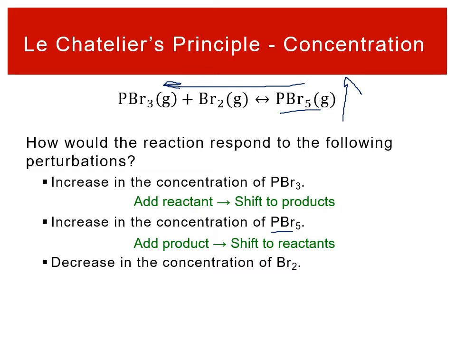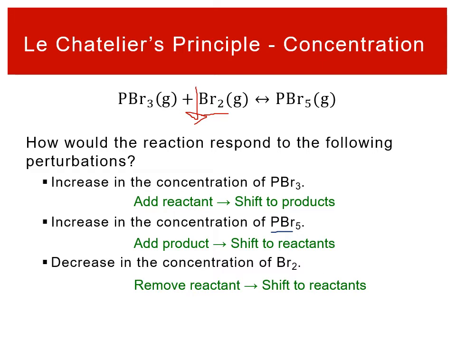Finally, we have a decrease in the concentration of Br2. So we're going to decrease Br2. What we're doing there is removing a reactant. So if we're removing a reactant, the system needs to respond to replenish that reactant. So that would be a shift back to reactants.